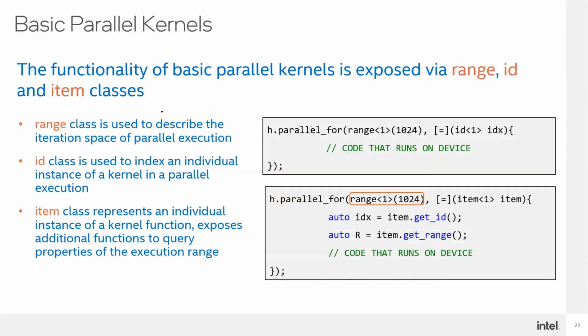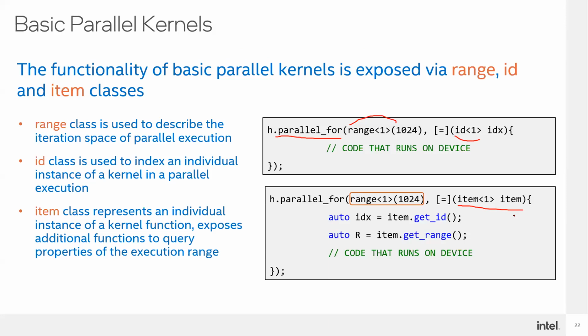So as a summary, in this way of invoking parallel_for, we are passing a range as an argument, which is actually describing the iteration space of parallel execution, right? We are using the ID class, which allows you to index the individual instance or work item. And you can also, as an alternative, use the item class.